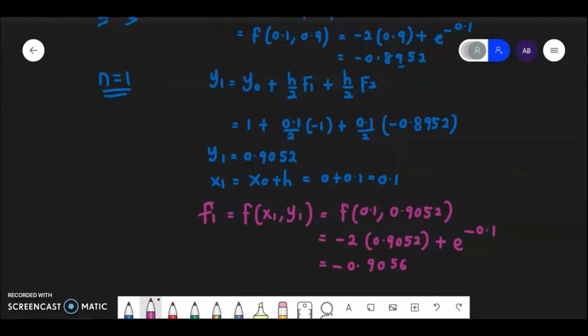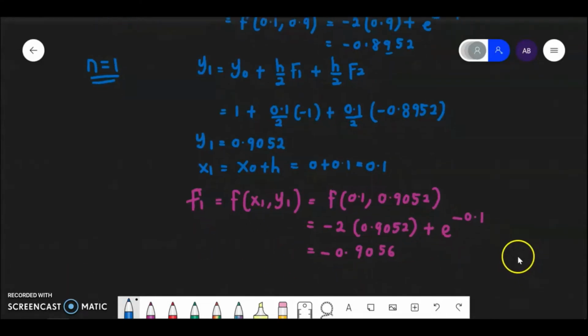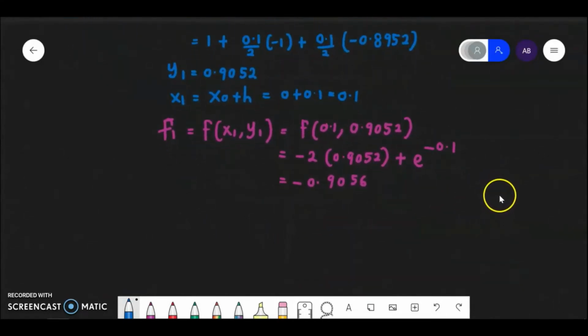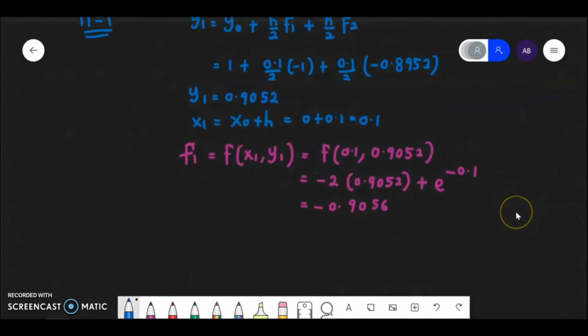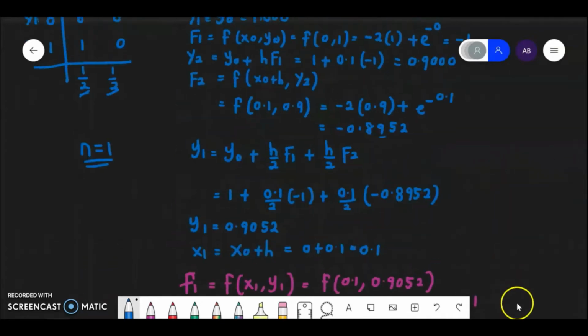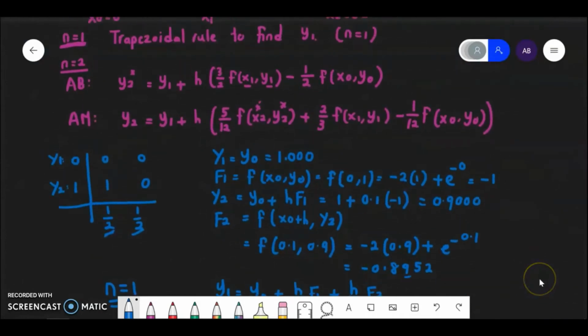Now continuing our solution here. We want to solve the problem at x equals 0.2 using Adams-Moulton, but we need the help of Adams-Bashforth as the predictor. For n equals 2, Adams-Bashforth, which I've written earlier, y2 star equals y1 plus this whole thing. I can factor out half if I want to.